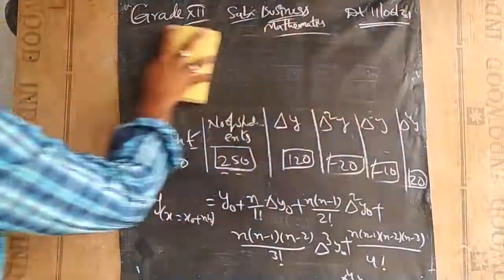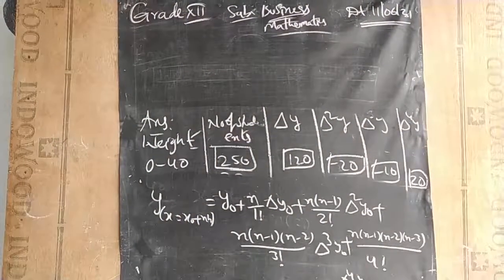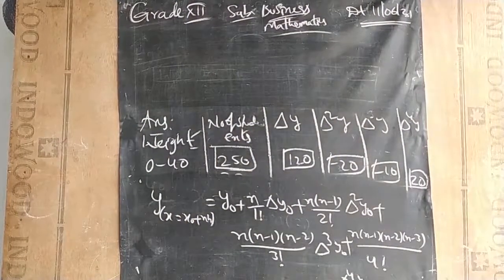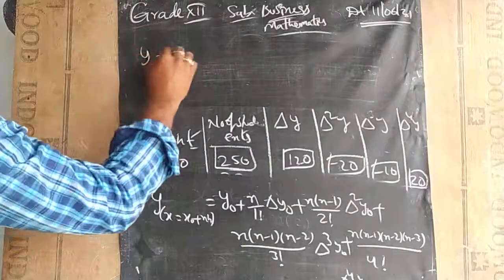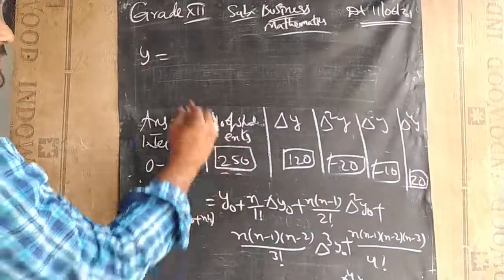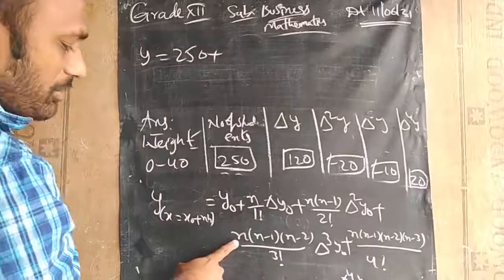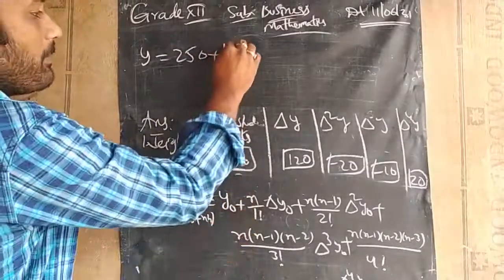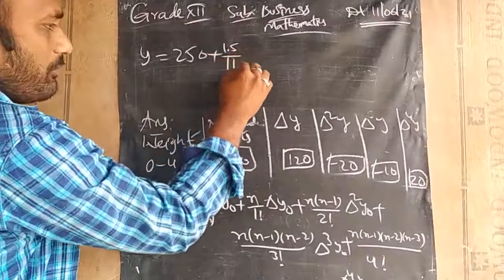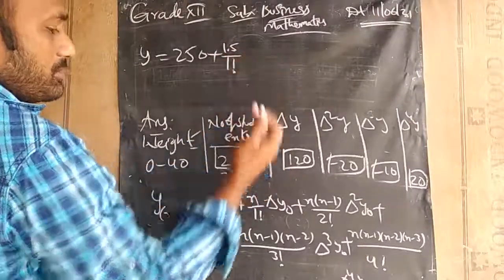Let me write on the top. So y is equal to y naught. Y naught value is how much here? 250. So 250 plus n value, n value we got as 1.5. So 1.5 by 1 factorial into change in y naught.